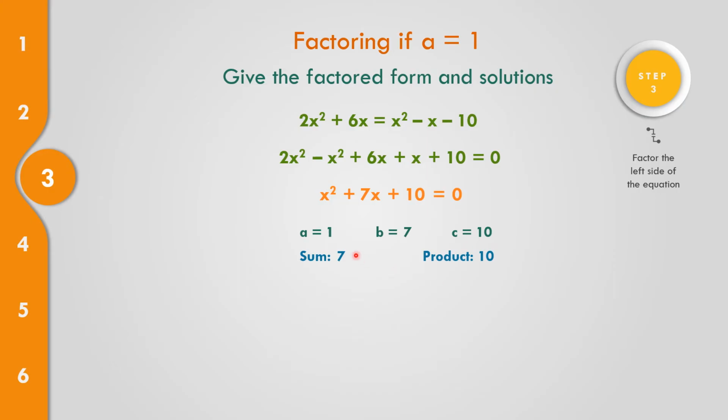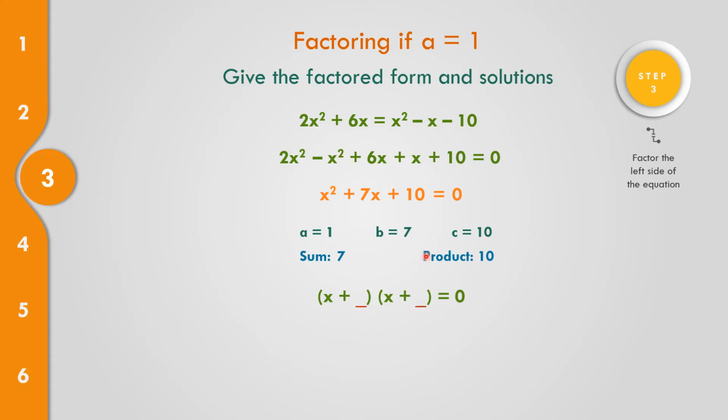And then the product, multiply A times C, so 1 times 10, that is equal to 10. As you can see, the signs are all positive. So it means the factors are x plus something we will determine later, and then x plus something, because the factors of x squared are x and x.